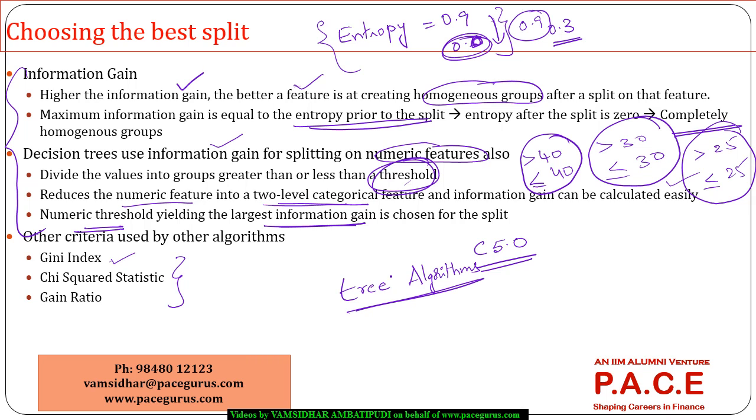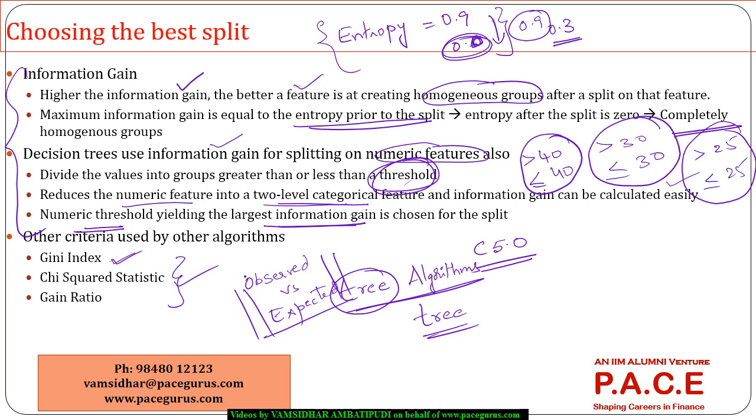A simple tree algorithm in a tree package uses the Gini index as a base for splitting the tree. In some cases, I can use the chi-square statistic, which talks about the observed versus the expected, so it would maximize the difference between the observed and expected proportions in the groups.